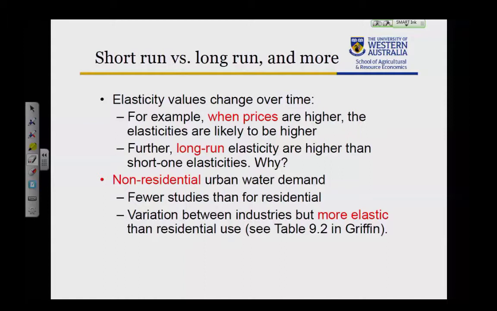It could change. But the other thing is non-residential urban water demand is more elastic than household demand. Is there anything else we need to know? Even with household demand, the demand for indoor use is not the same as the outdoor use. The outdoor use has to be more elastic because it's more discretionary. So you would expect people to react more in terms of their outdoor use.